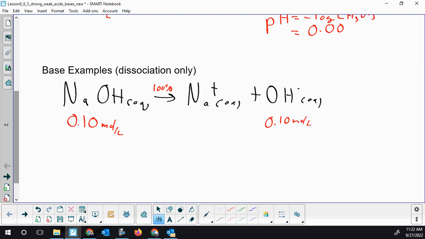Okay. So we could figure out the pH again. Okay. But it's going to take a couple steps now. When you have hydroxide, you have to get the power of hydroxide first. Okay. If you take the negative log of that, that's not pH. We have to take the negative log of hydroxide, and we're going to get 1.00.